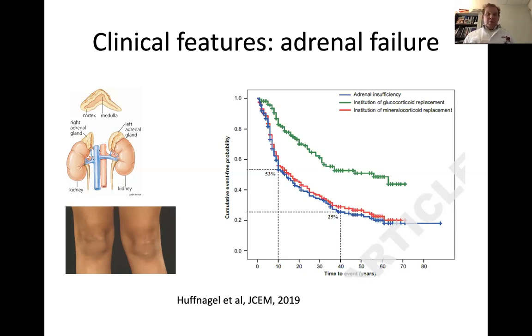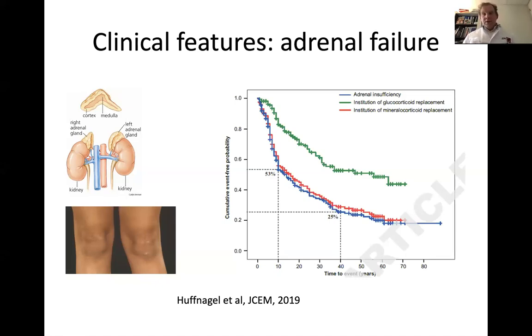In male patients, it is often the first manifestation of the disease, but not always. Patients can also present with neurological manifestations. The adrenal insufficiency, as the survival curve shows, usually manifests before the age of 18 in about 70 to 80%, but it can also manifest later in adulthood.